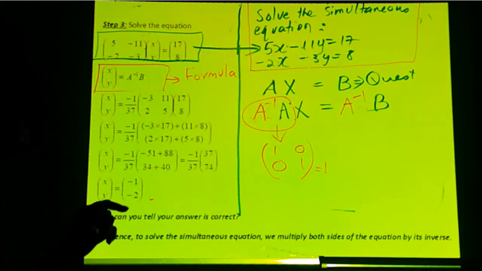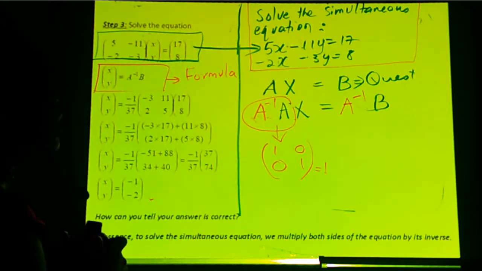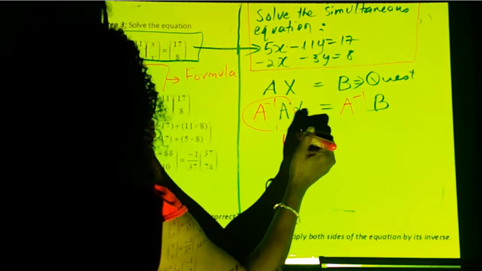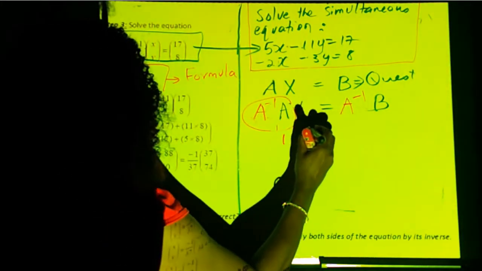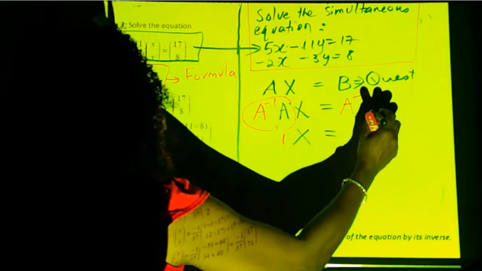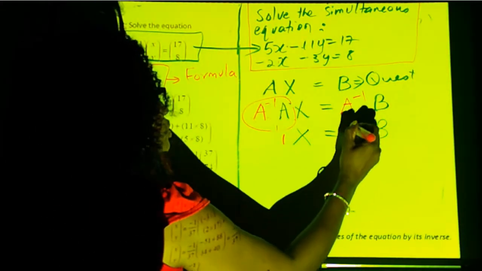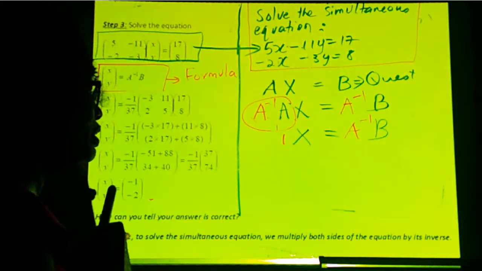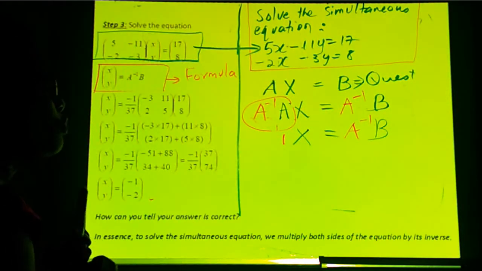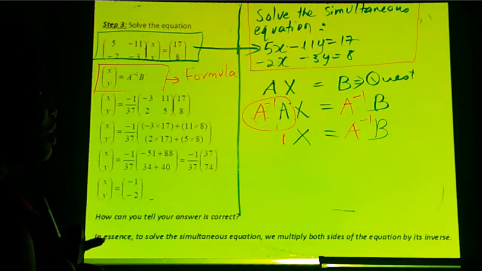So how did we arrive at this formula now? Since this is the same as 1x, we're saying that x is equal to A to the minus 1 times b. That's the formula for solving a simultaneous equation. We're actually multiplying both sides by the inverse to make x the subject.